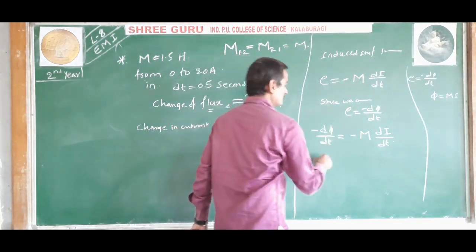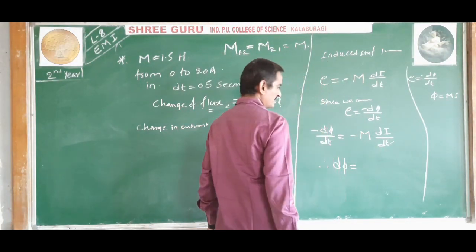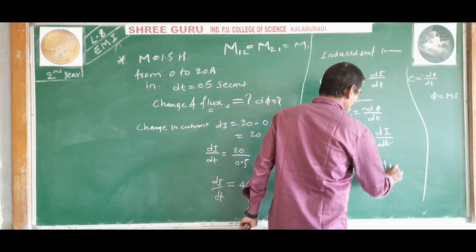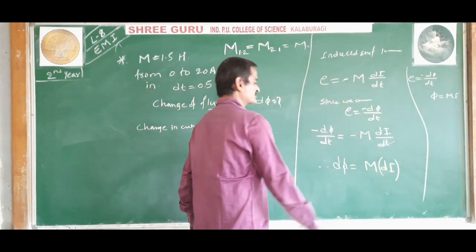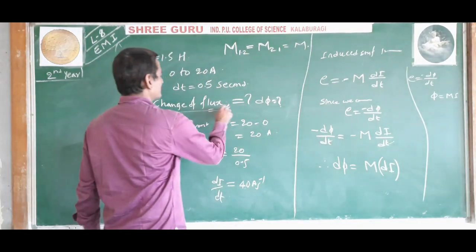And now dt gets cancelled. So therefore d phi is equal to M into di. D phi is nothing but the change in flux, and that's what we want.